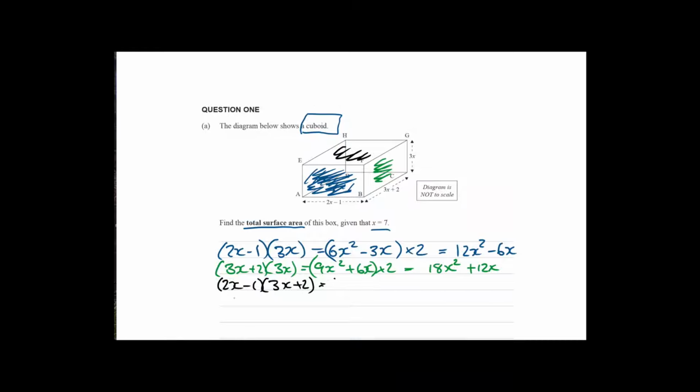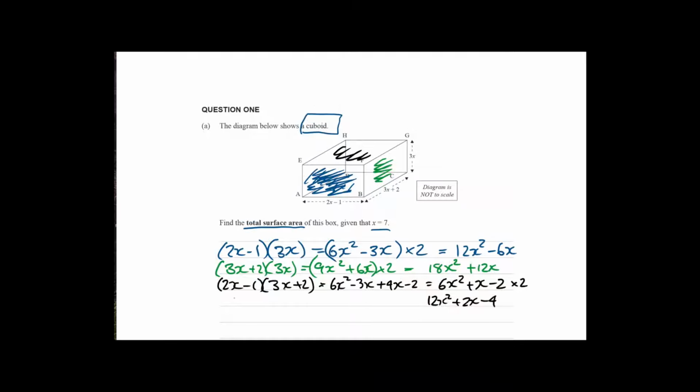So multiplying out these brackets, we get 6x squared minus 3x plus 4x minus 2, which equals, if we combine everything together, 6x squared plus x minus 2. We need to multiply that by 2 to get 12x squared plus 2x minus 4.